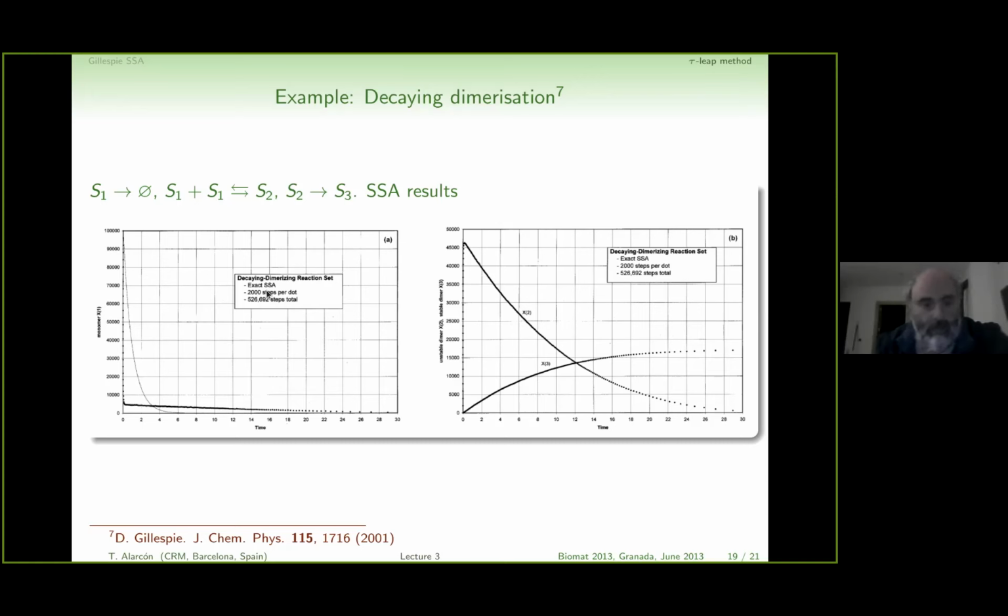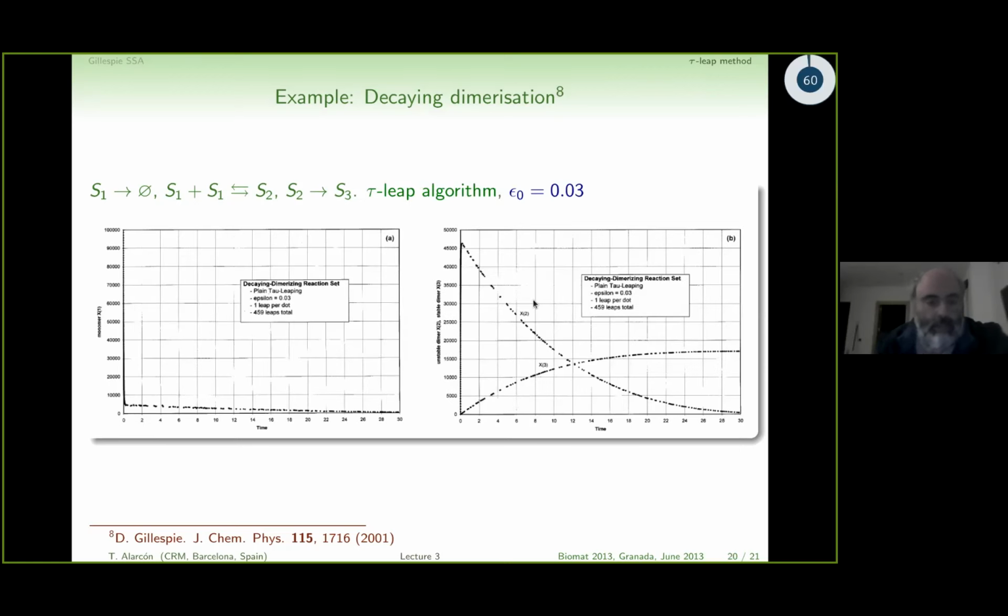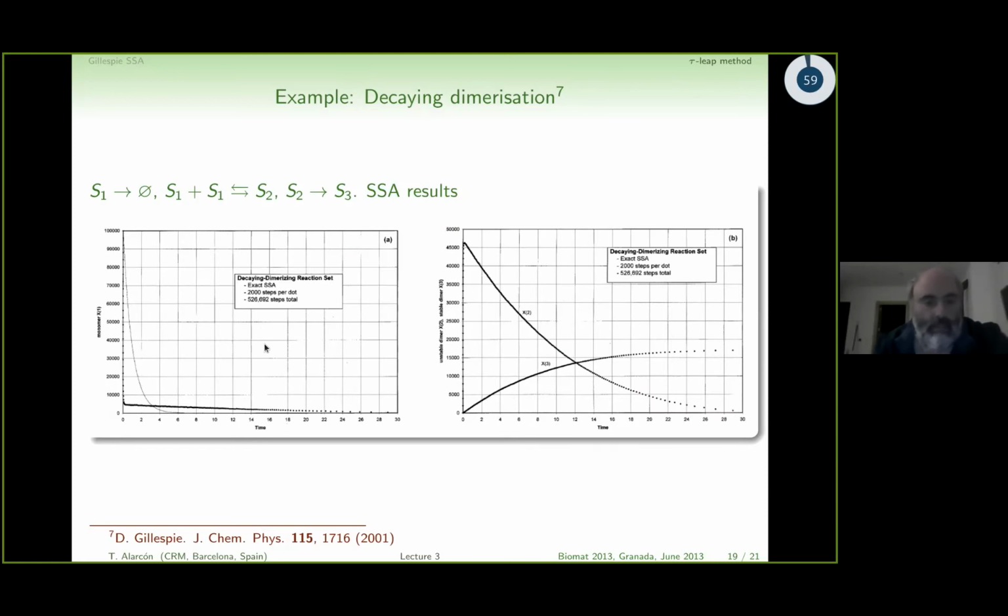Sorry, this is the tau-leap solution, so there is no approximation here.